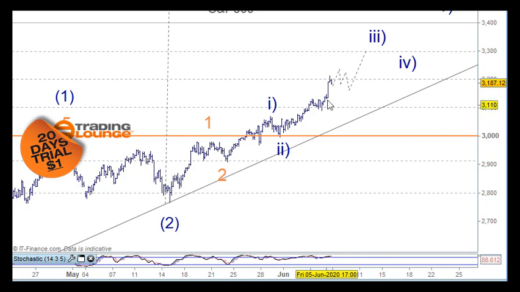So what we're trying to do is wait for corrections like this one and this one here and this one here, and to build back in and continue to go to the next level. You can trade between the levels, and that's perfectly fine, or you can stay in for the longer haul. And what we're looking for in the bigger picture is to find support on this level here.